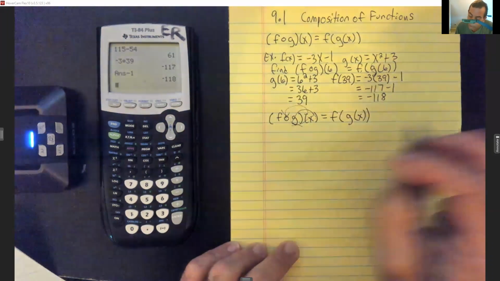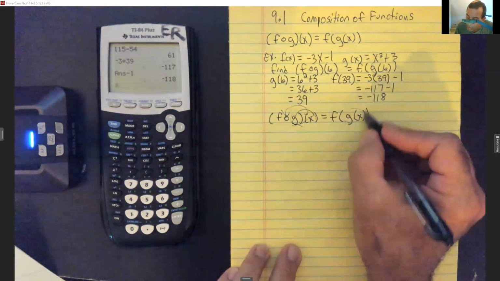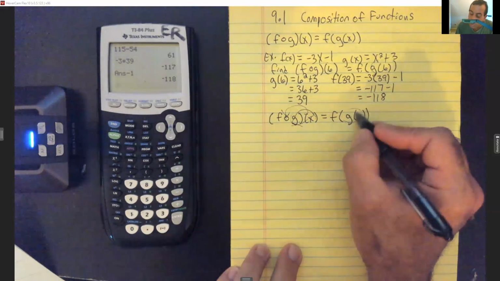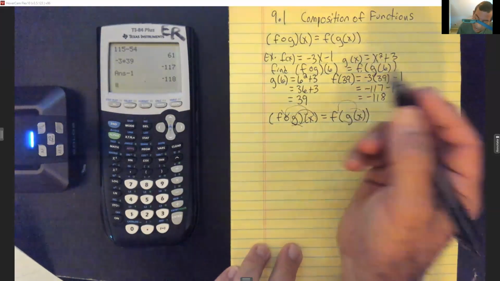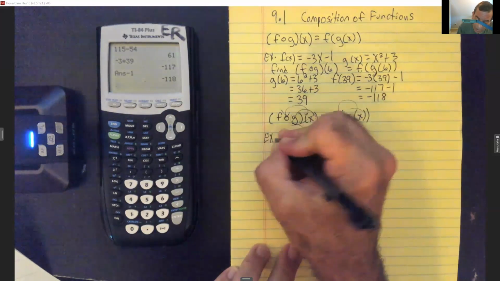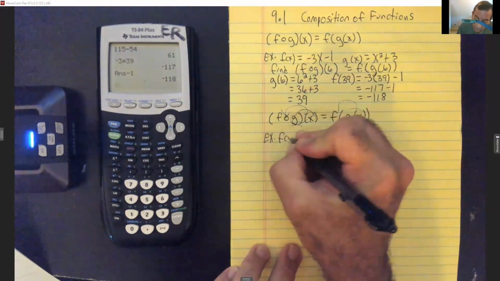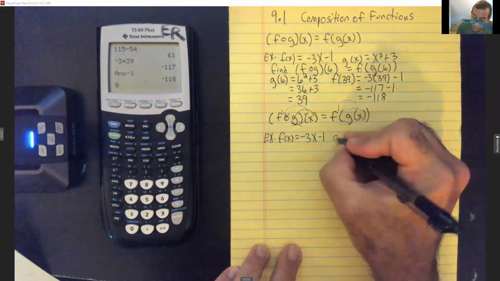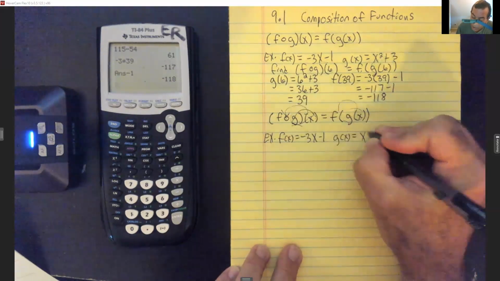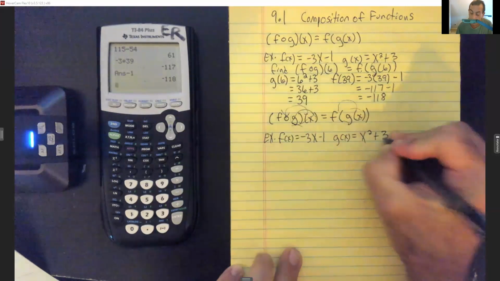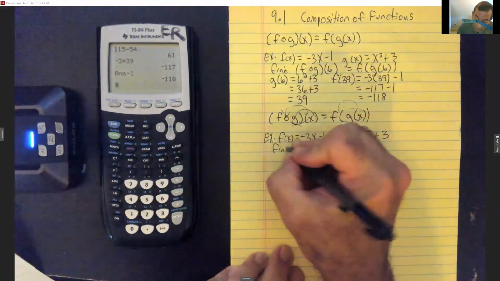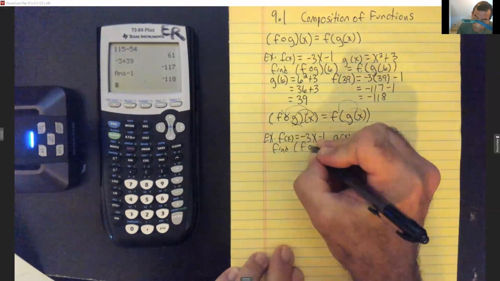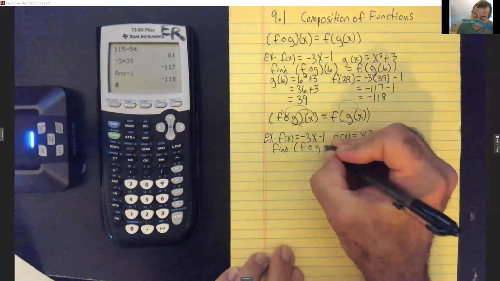So if I was going to work this, I have to work innermost parentheses first and then work my way out. On my example, they gave me f of x equals negative 3x minus 1, and g of x equals x squared plus 3. They wanted me to find f of g of 6.